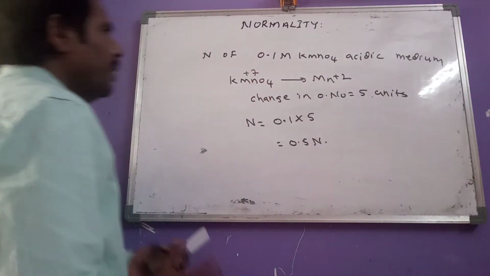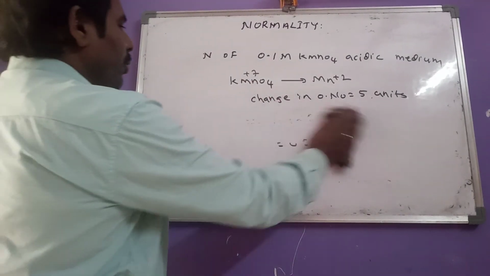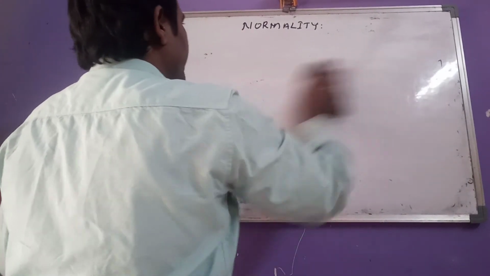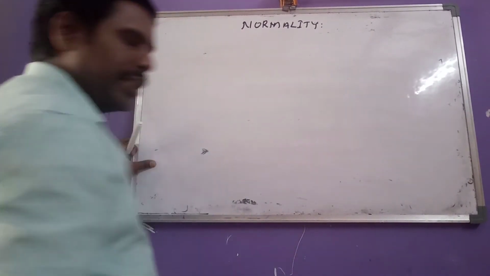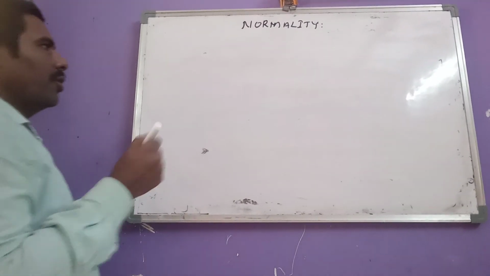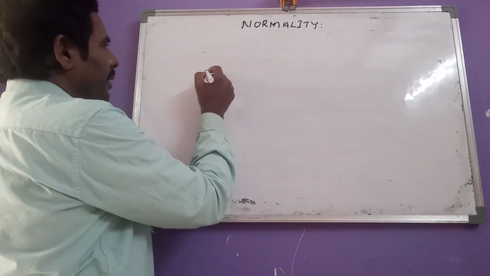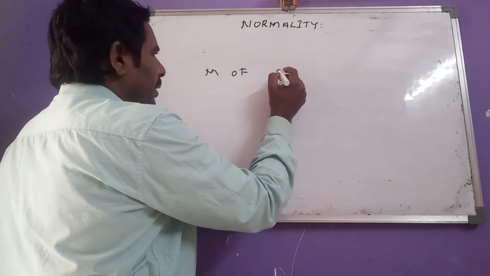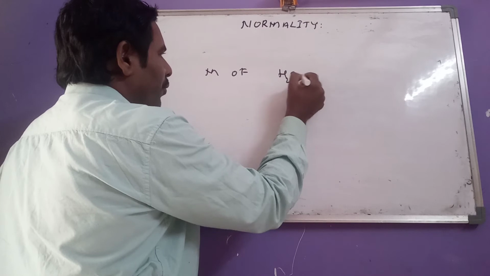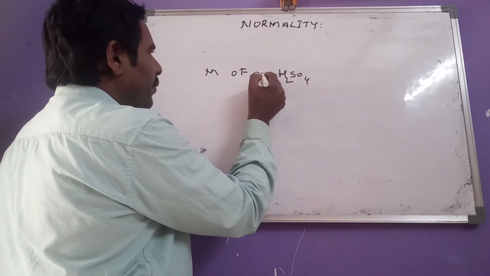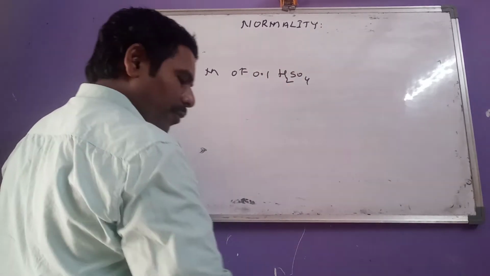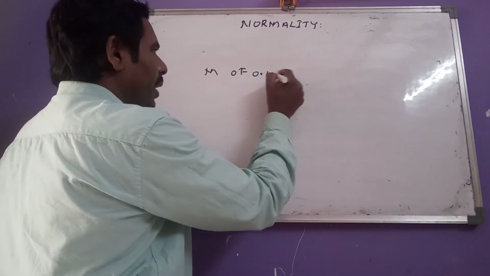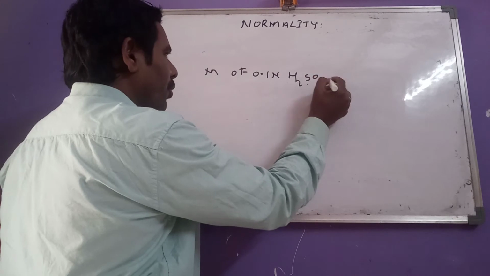Okay, then sometimes they give the normality and we should calculate molarity. In the reverse direction they give the question. So the question I give here: what is the molarity of 0.1 N H2SO4?